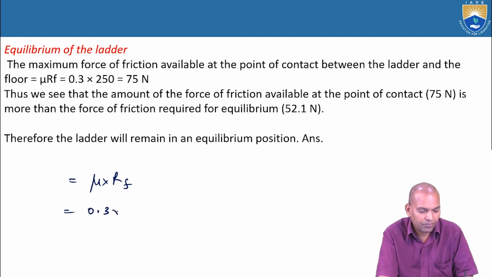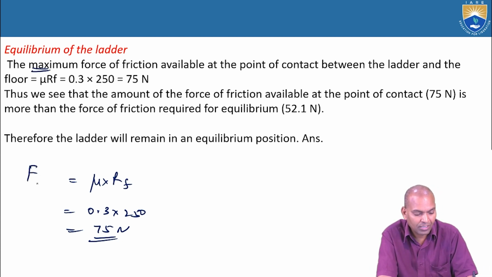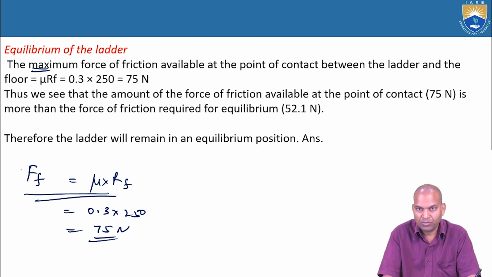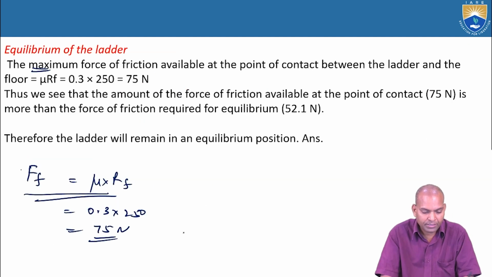That is 0.3 times RF, which is 250, that is 75 newtons. This is the maximum frictional force. Theoretically we calculated the maximum frictional force, F equal to mu times RF. But by using the moment equilibrium condition, the obtained value is 52.1.